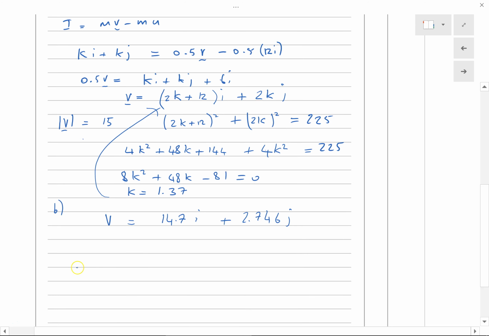So I've basically got my v going in this direction, with this being 14.7 and this being 2.746, and I've got the numbers accurately stored in my calculator.